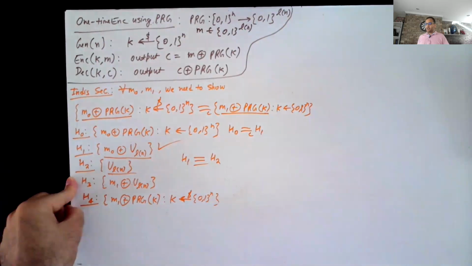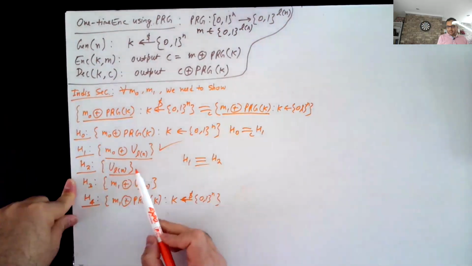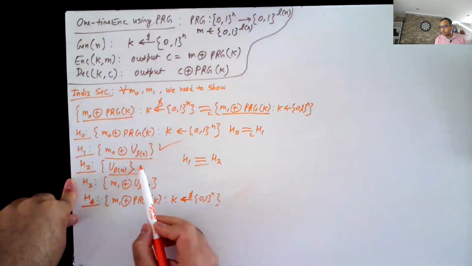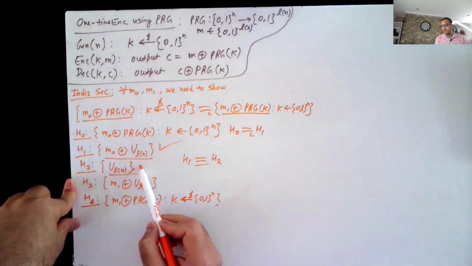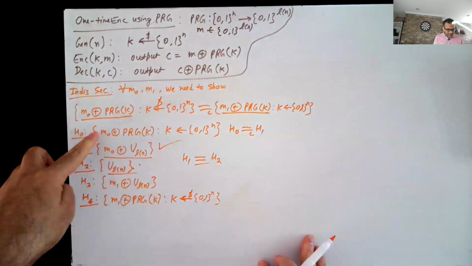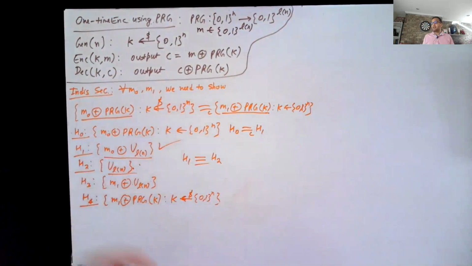Another argument which you can write is that, sorry, you can say H0 and H2 are computationally indistinguishable, right? And in the same way, we can show that starting with M1, again, we can arrive at H2. And then by transitivity, you can go from M0 to M1.